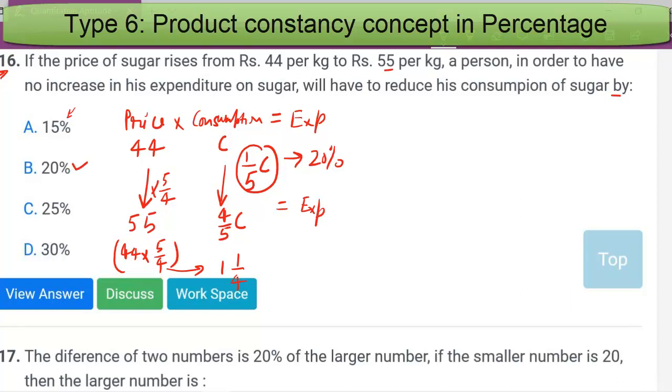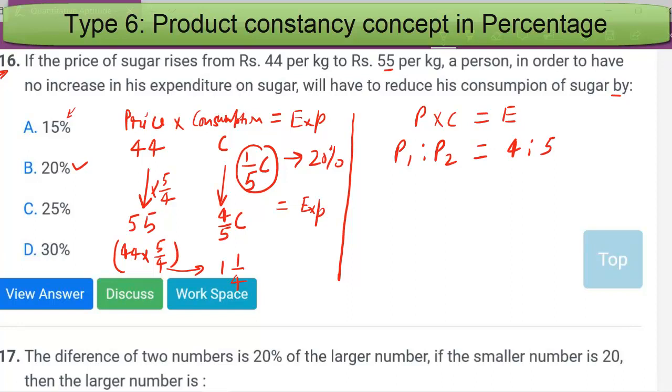The same thing can also be solved in a different way. For example, we know that price into consumption gives me expenditure. So if I write the ratio of price P1 to P2, it is 4:5, because it has been increased from 44 to 55.